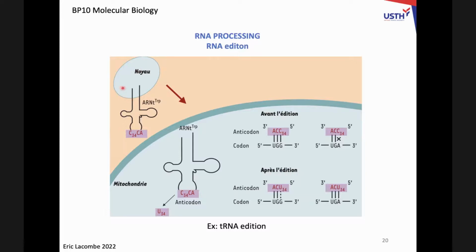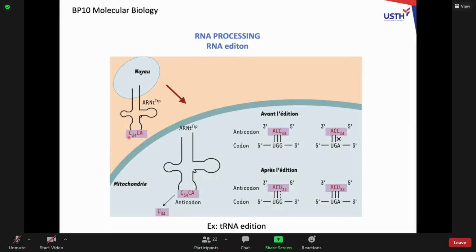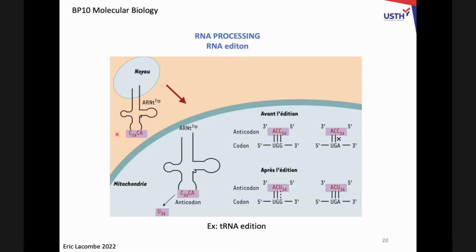So here you have a tRNA. It's the tRNA that is normally used to transfer the tryptophan during translation. And the anticodon sequence is CAA. The number 34 is just the position, okay? So CAA.